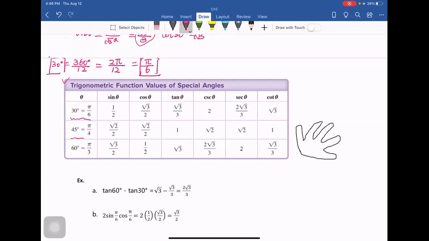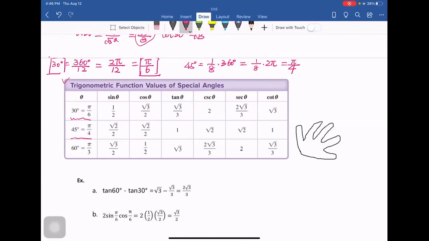So how about 45 degrees? 45 degrees equals what? Let me see. 1 over 8 times 360 degrees. That equals 1/8 times 2 pi. That's pi over 4. Is that right?